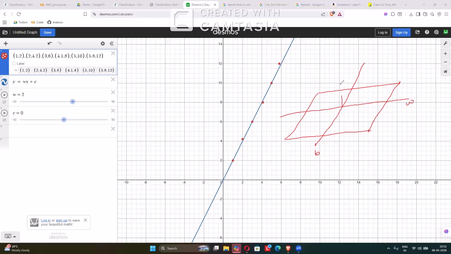And based on each value for W and B, you will get an error value S, right? Is it clear? Error value S. So what will happen?